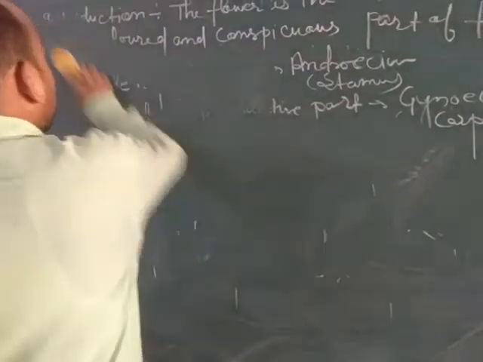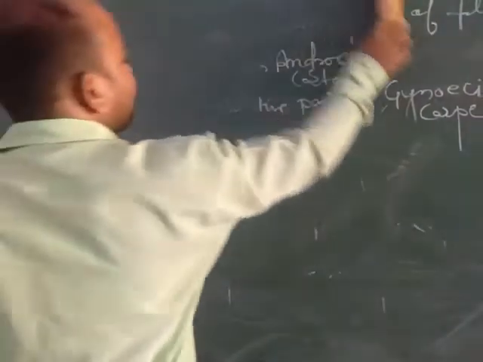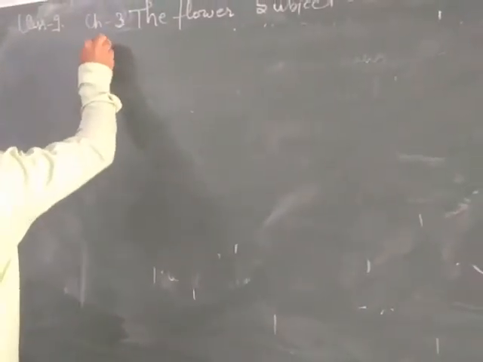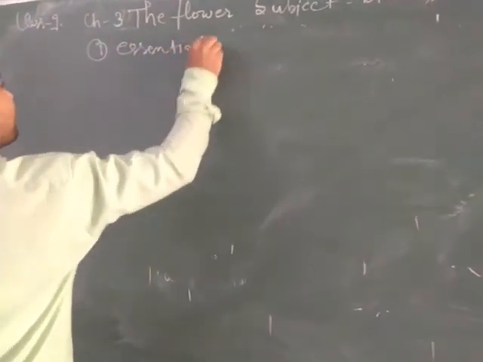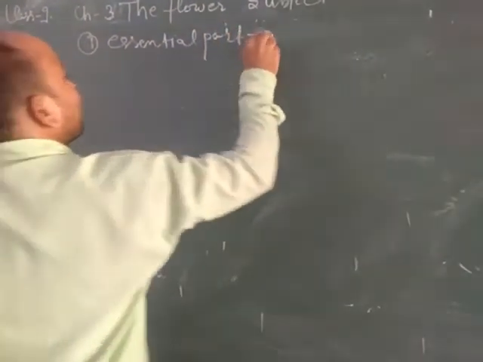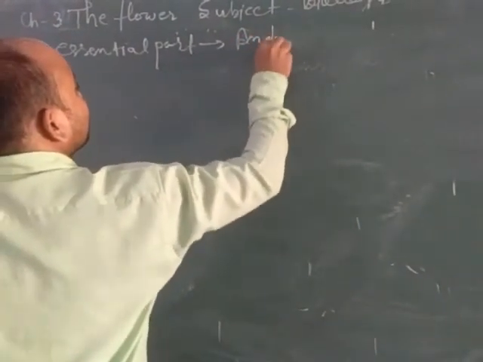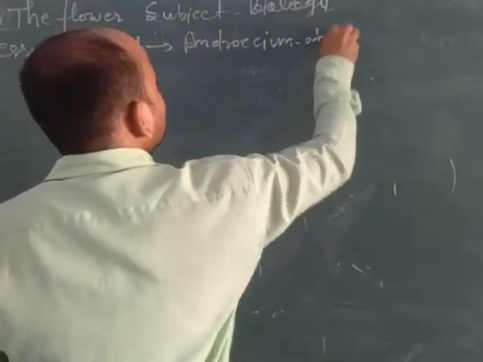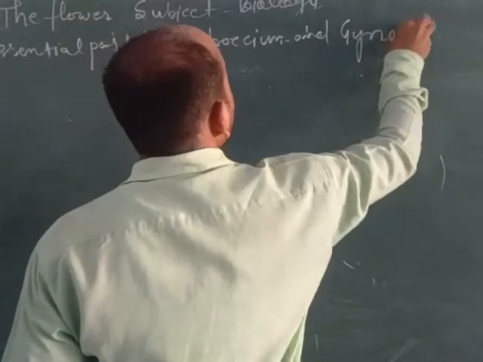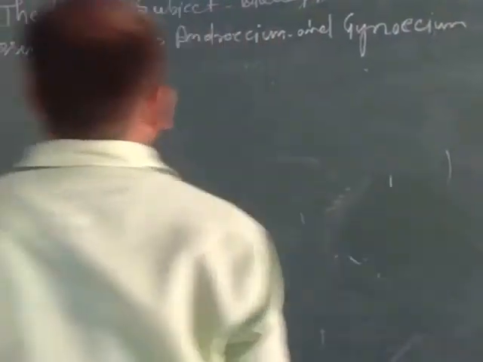Androecium and gynoecium are the essential parts of the flower, that is, the male reproductive part and the female reproductive part.